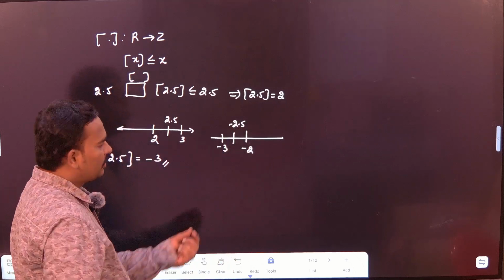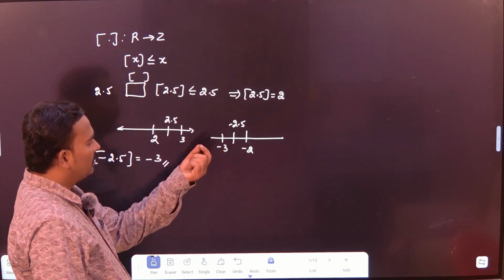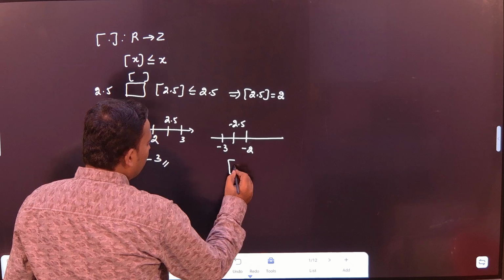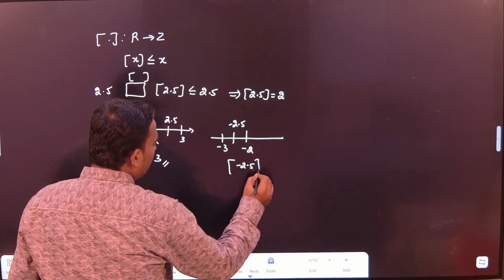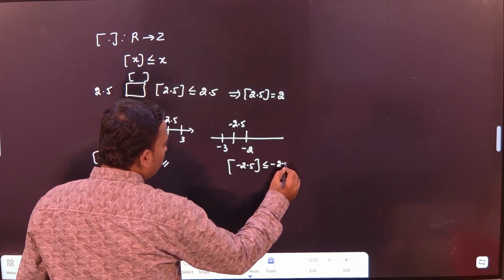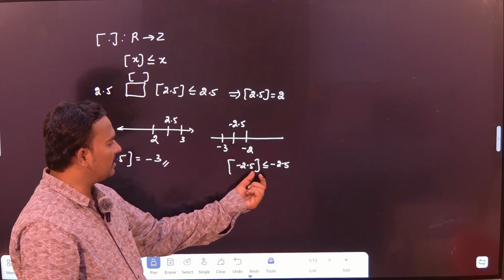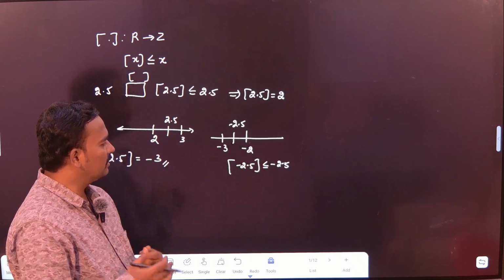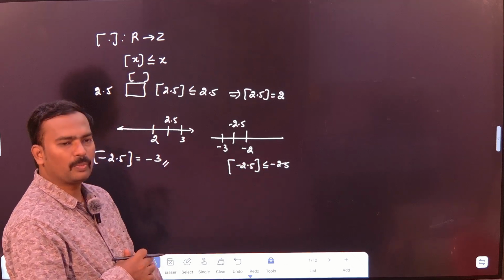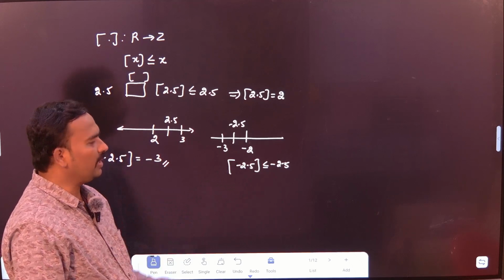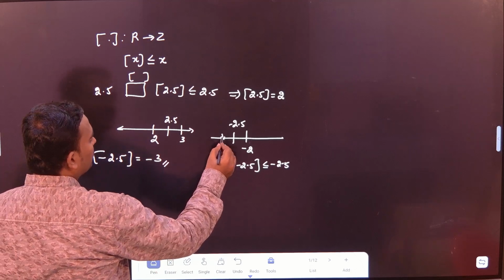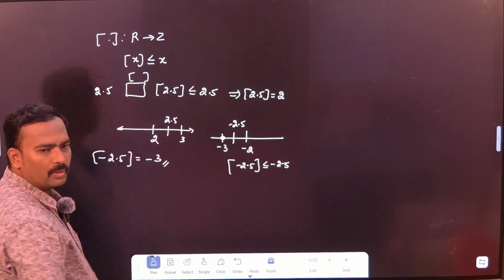So we need the greatest integer less than or equal to minus 2.5. Minus 2.5 is not an integer. Therefore, which is the greatest integer less than or equal to minus 2.5? That is minus 3, right? This is your greatest integer. So I hope everyone understood, right?